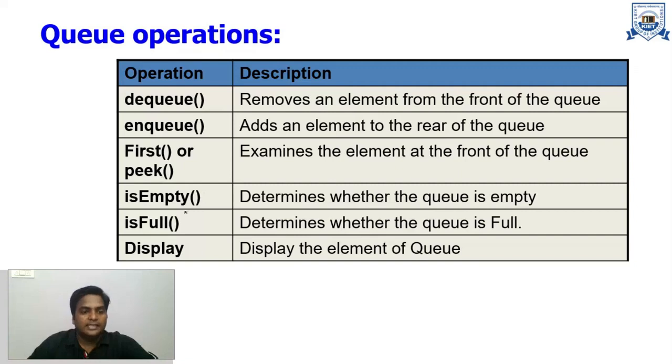Next one is isEmpty, which is basically used to check whether the queue is empty or not. isFull is used in a similar way to check whether the queue is full or not. And display is basically used to display the elements of a queue. So these are the operations. Now we will represent each operation of queue using array representation.